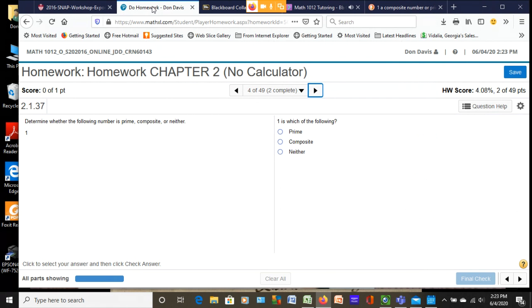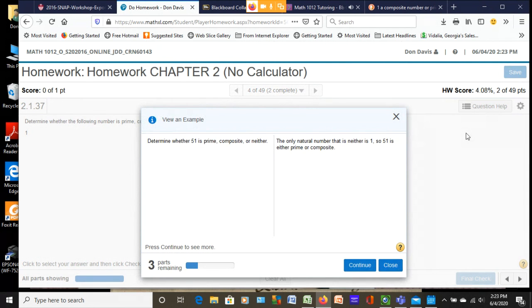All right, so let's see if we can understand a little more about what they mean by prime, composite, or neither. We might get some help from the question help. Let's see what the question help says here. Okay, so here's their definition for a prime number.